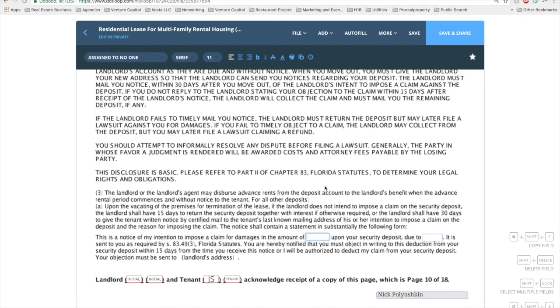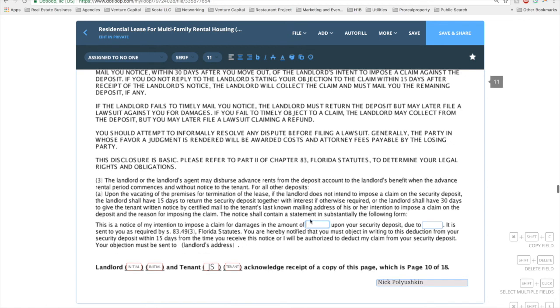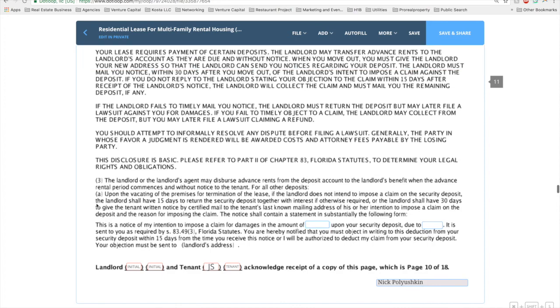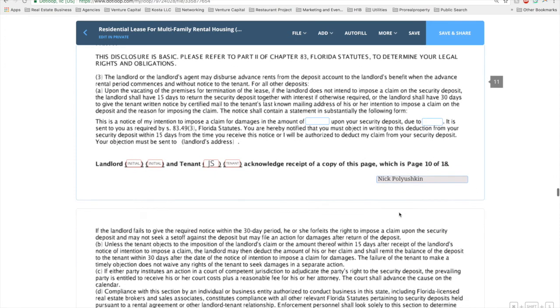If there are damages after the tenants vacated the premises, let's say they damaged one of the appliances, or they were smoking in the apartment, all of this has to be assessed by licensed professionals and technicians, and the bill has to be provided to the tenant, and you as a landlord have 30 days to send the notice to the tenants that you're imposing the claim on the security deposit. This is a very important part. Please make sure you know about it.